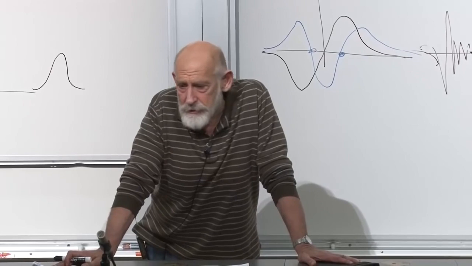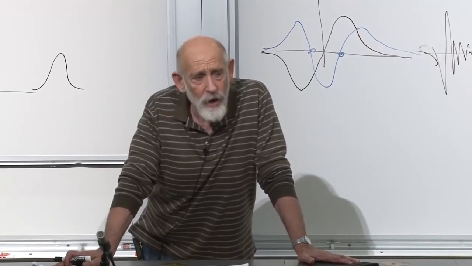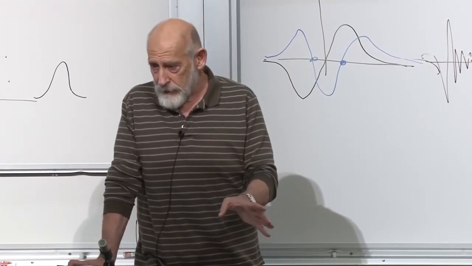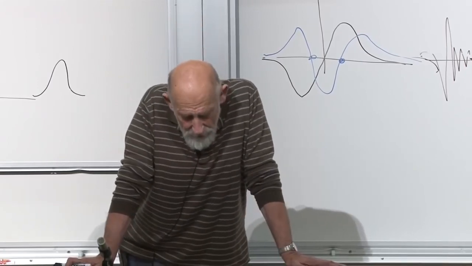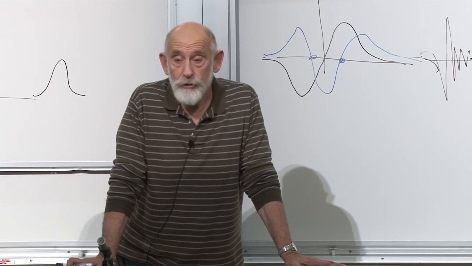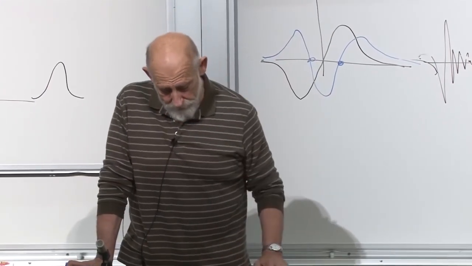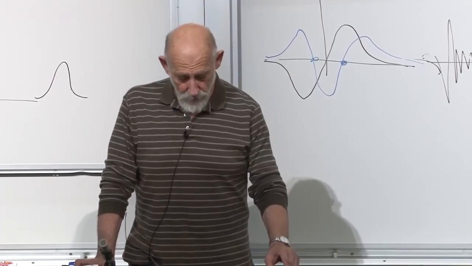And it's a matter of choice and taste whether you want to think of it as literally being a little spin or just an abstract mathematical property that you attach to the electron. But whatever it is, it's angular momentum. It transforms under rotation. When you rotate coordinates, the state transforms.